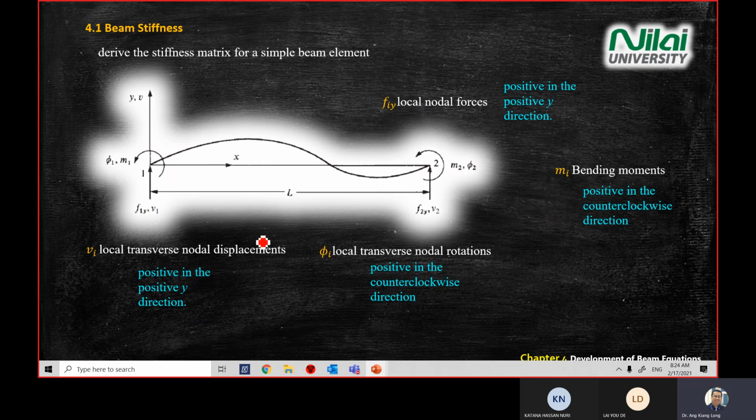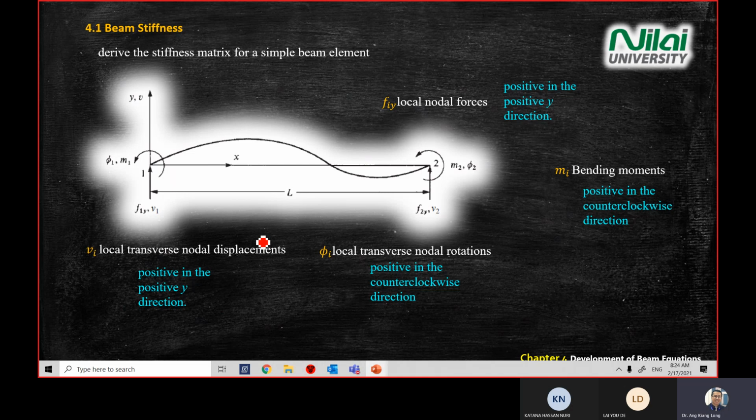I hope you will be very clear on the notation, because later on when you do a calculation, the direction will affect the positive and negative sign. So be clear of the direction: which direction gives you positive, which gives you negative.